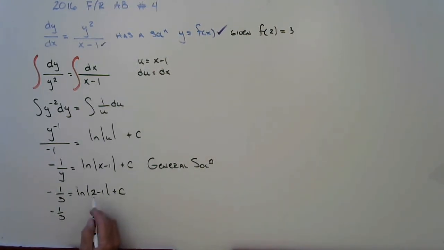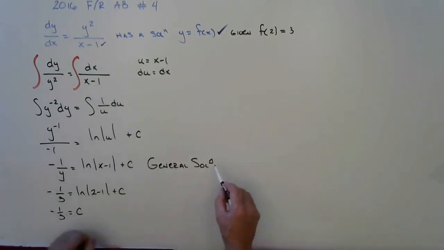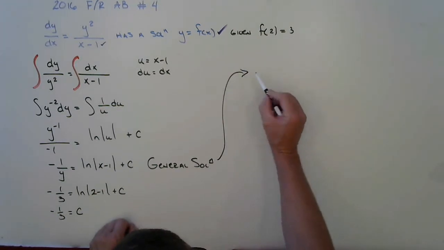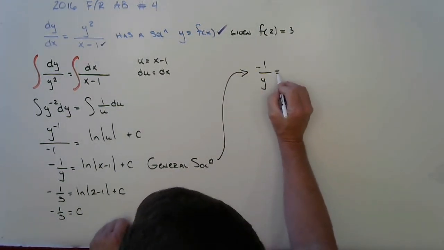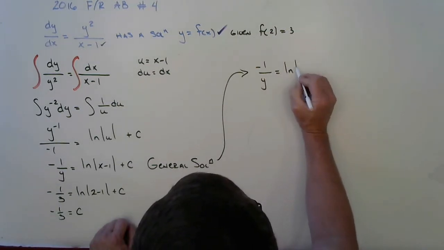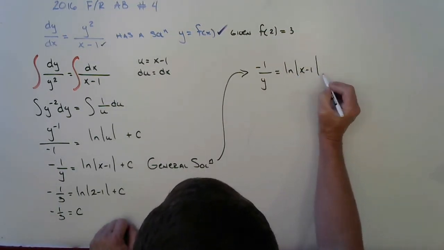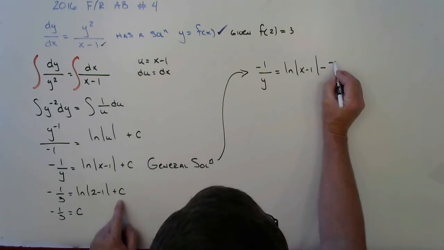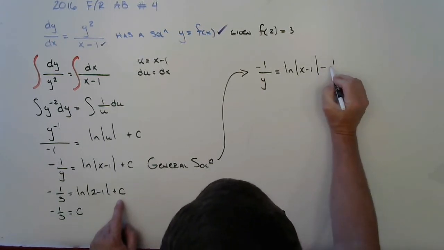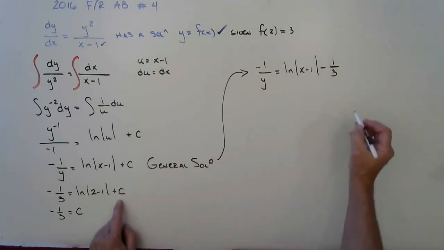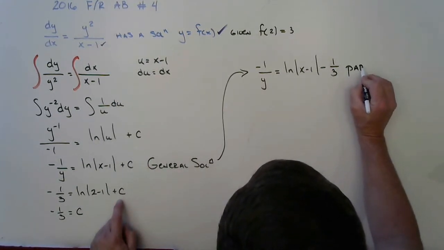So I get negative 1/3 equals c. So I go right here to my general solution and I rewrite it. And now we know c is negative 1/3. That is called a particular solution.